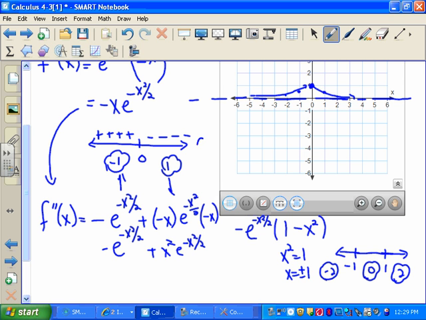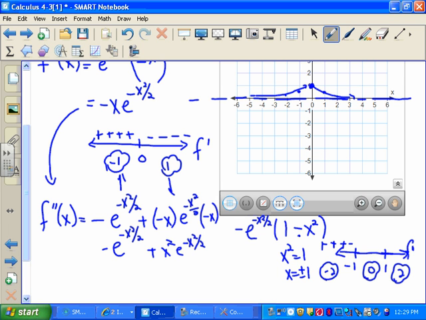Here was my first derivative test. Here's my second derivative test. When I plug in negative 2 right here, I'm going to get a negative number, so concave down. If I plugged in negative 2, oh, my bad, I get a positive number.